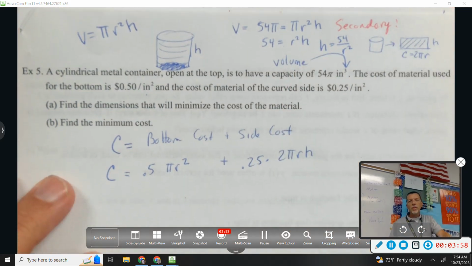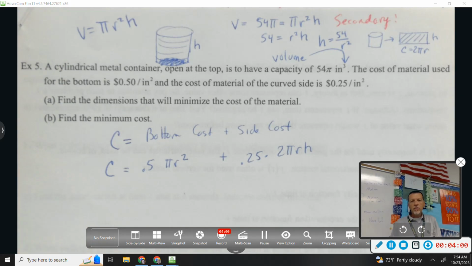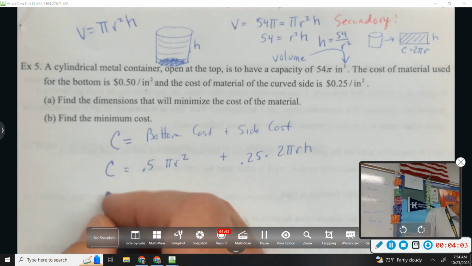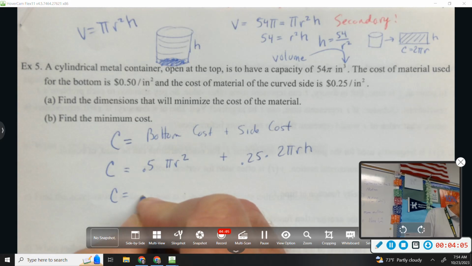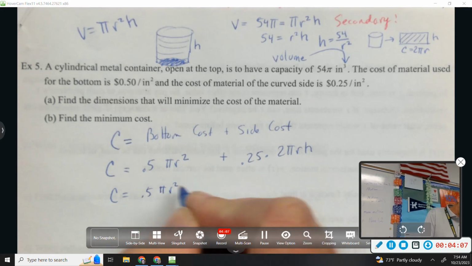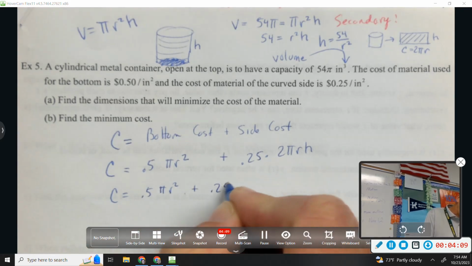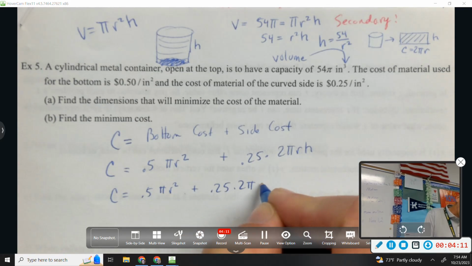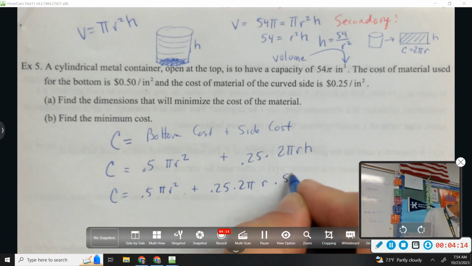Avoid the square root thing. So h is 54 over r squared. So 0.5 pi r squared plus 0.25 times 2 pi r times 54 over r squared.